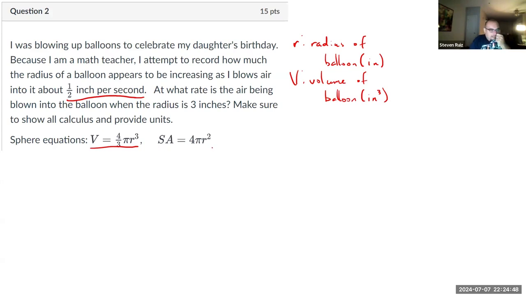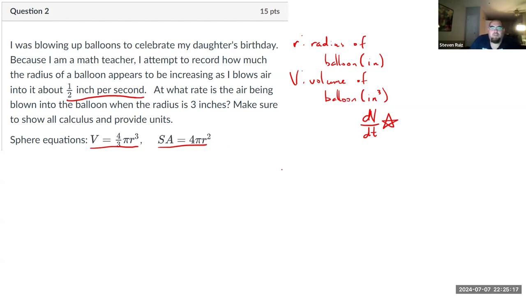So I want a rate, but what specific rate is that? The air being blown into the balloon, I believe that's going to be dV/dt, because the air in the balloon is the space that the whole balloon takes up, not just the area of the outside surface of the balloon. So I believe dV/dt is the quantity I'm going after.